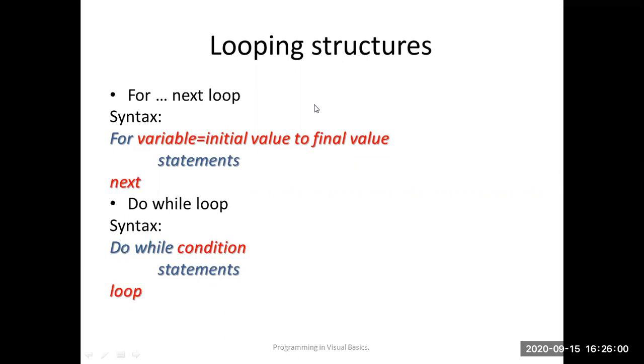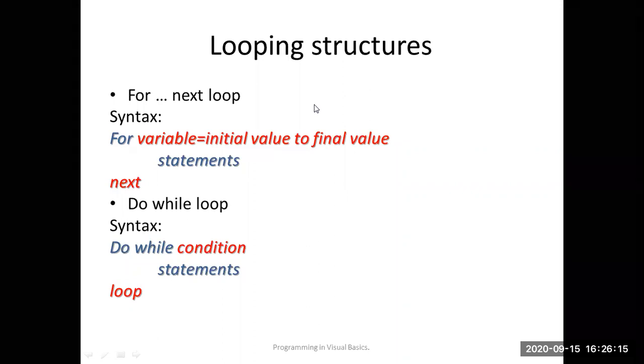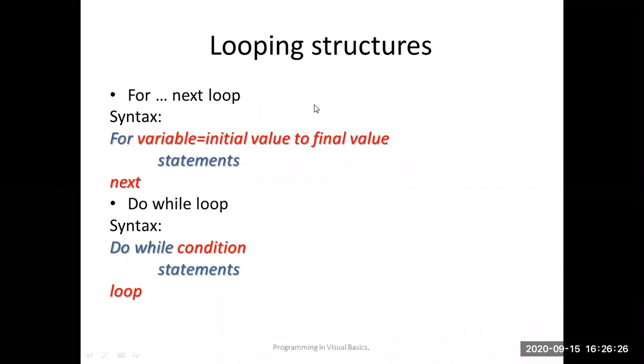You will think, sir told me to go only 10 times, why should I go 11 times? As soon as the condition becomes false, you stop. So the loop will go round and round until the condition becomes false.